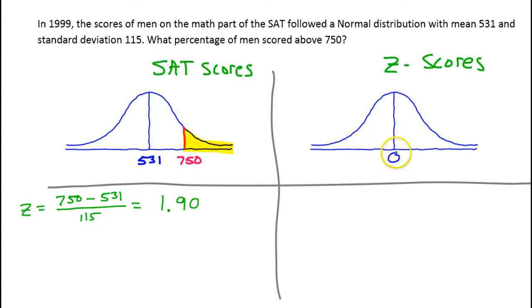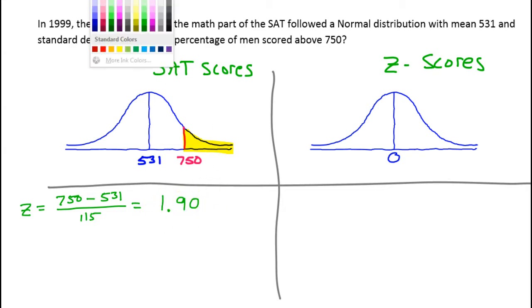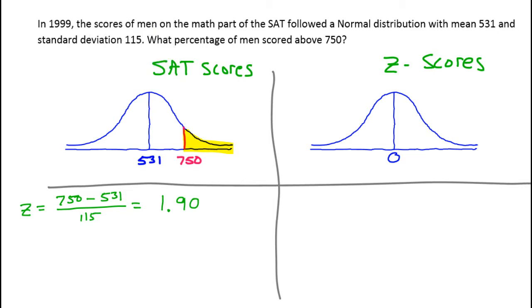So in the middle you always put 0. Now here we have 1.90. That's almost 2 standard deviations above the mean. So again, I'm going to just put that on my picture like this, 1.90, and we are still interested in the percentage of men that scored above 750.